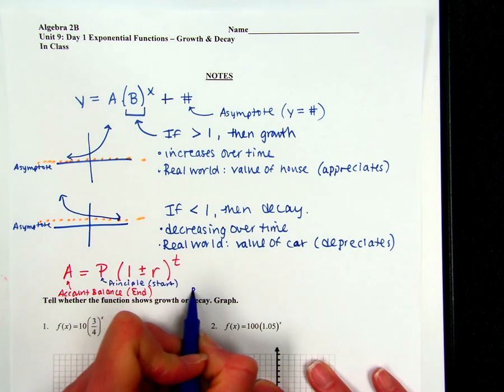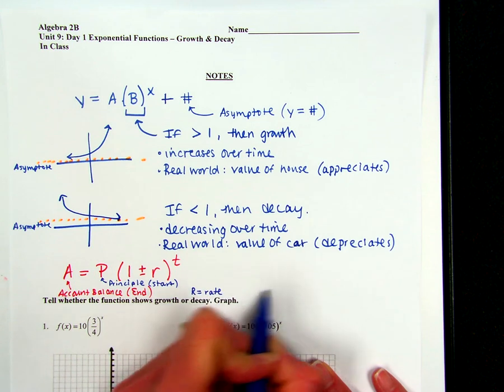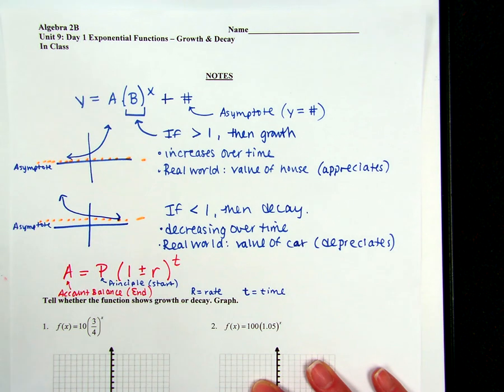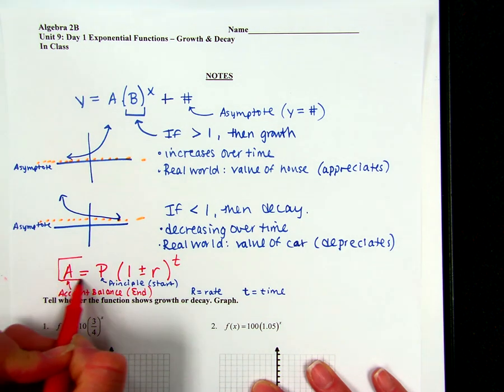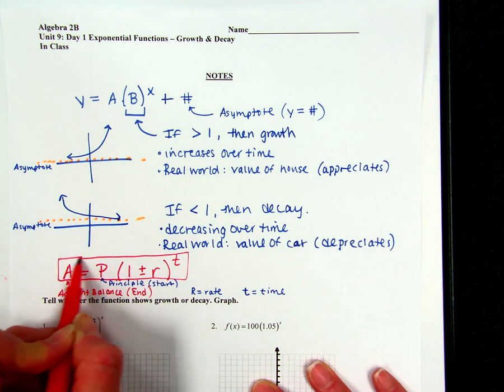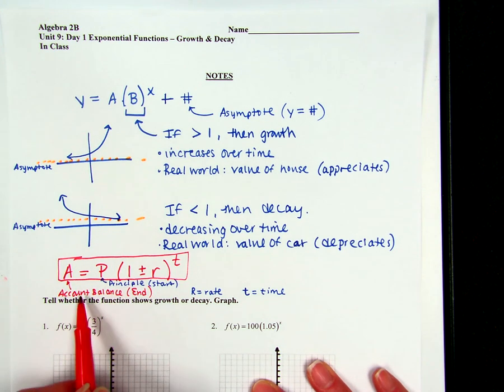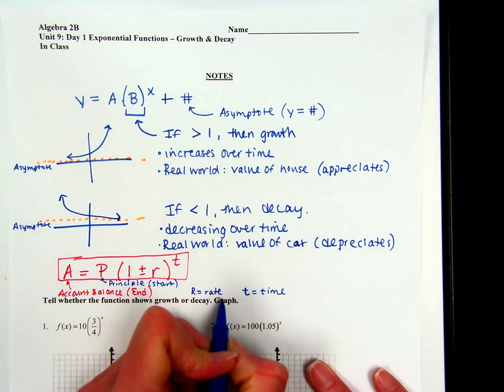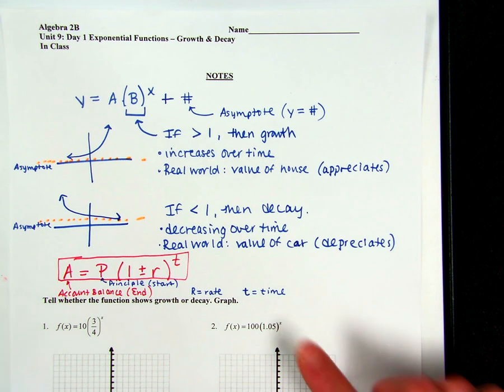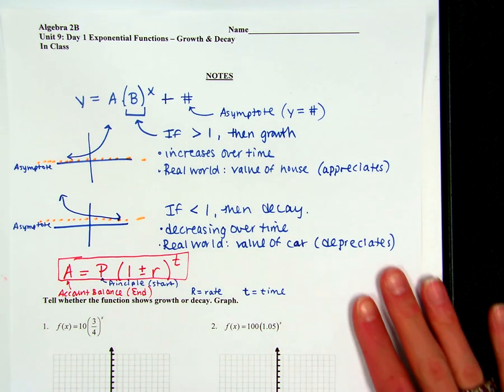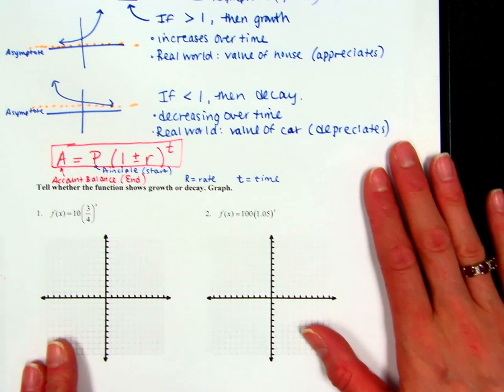R is your rate, and T stands for time. We're going to come back to this formula later, but just so you know what these stand for: account balance is what you end with, principal is what you start with, R is your rate, and this needs to be as a decimal, and then your time.